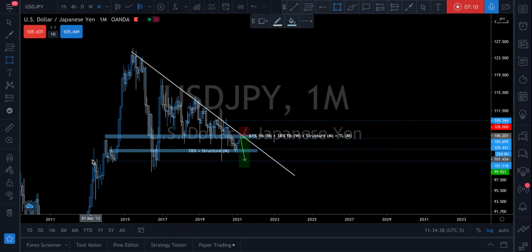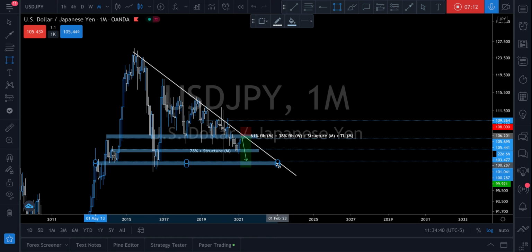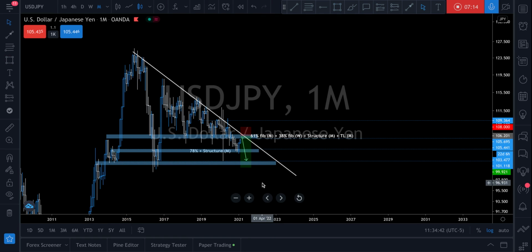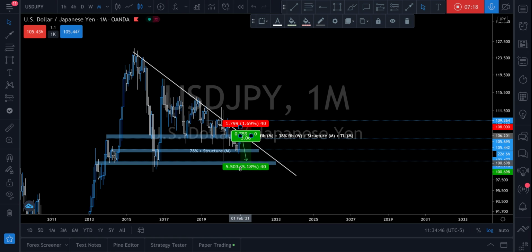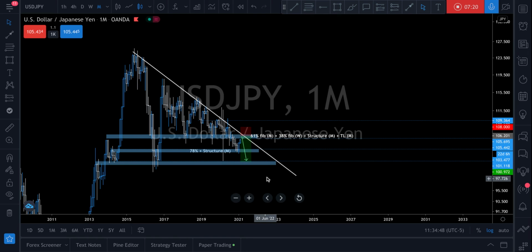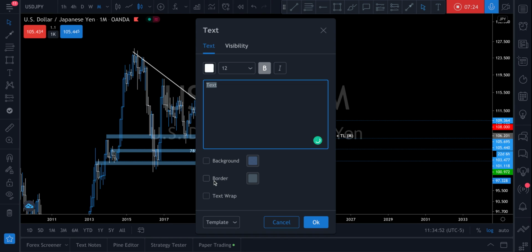And another thing is with this target, it's likely we're going to do something like this, because TP1, we'll do TP1. This is an area of structure, major support, and this is going to be monthly.